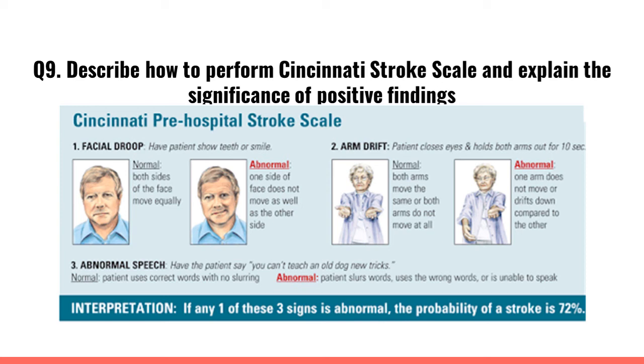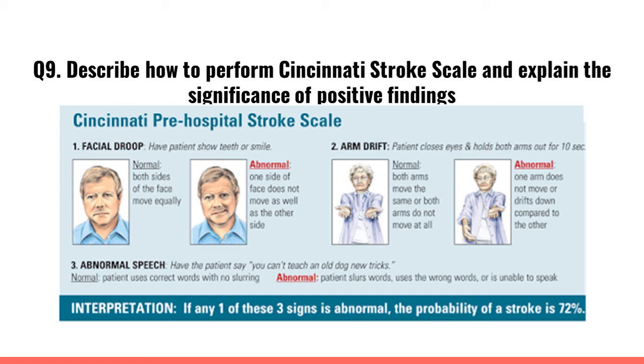For arm drift, we ask the patient to close their eyes and hold both arms out for 10 seconds. If one of the arms drifts down compared to the other, it is considered positive or abnormal. The third one is abnormal speech. We have the patient repeat after what we say, like can you teach an old dog new tricks, or in Malay, bangun pagi gosok gigi.